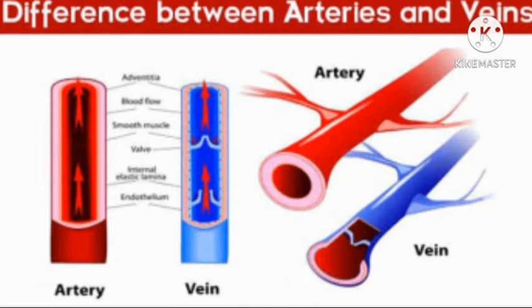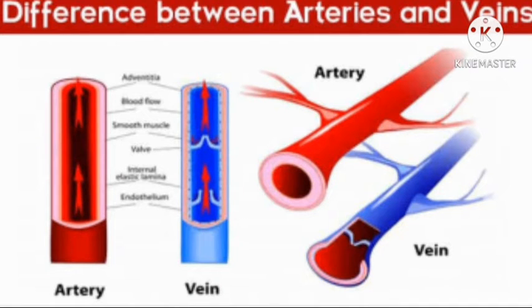The third difference, the main one, is the flow of blood. In arteries, blood flows with high speed under high pressure. In veins, blood flows with low speed and under low pressure. Then the fourth one is the walls. In arteries, valves are absent, and in veins, valves are present.